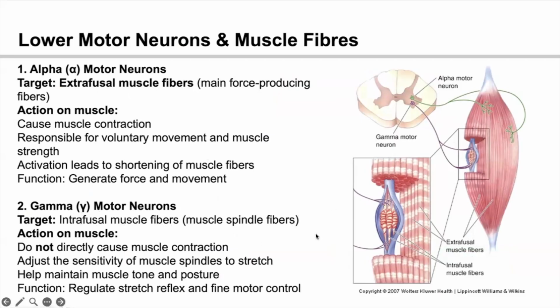They are mainly responsible for regulating the stretch reflex, and we will learn how they function. These are all extrafusal fibers, and in here, these are the intrafusal fibers. The extrafusal muscle fibers are innervated by alpha motor neurons, and the intrafusal fibers are innervated by gamma motor neurons. That's the difference between each of them.